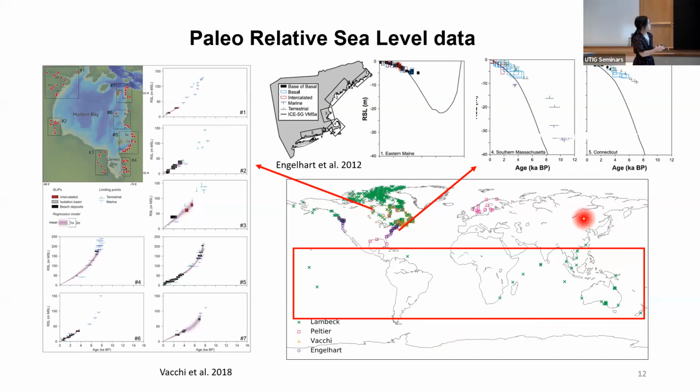We collected paleo sea level data from different groups globally, for example from Lambeck, and from Deep Ice, Vetches, and Engelhart. You can see the spatial distribution of this data is very uneven. There's lots of data around Hudson Bay because the ice is gone there, so it left many geological records.